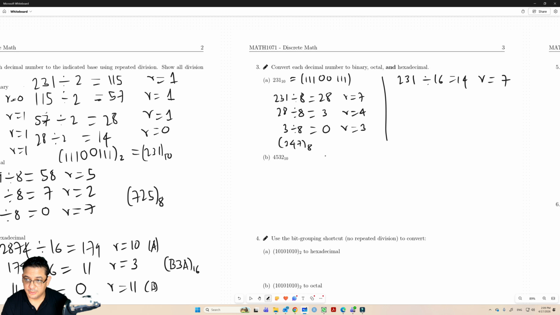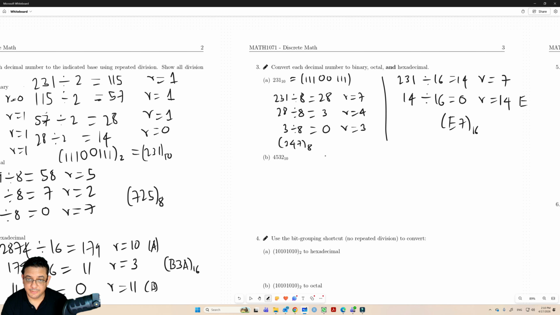Then 14 divided by 16 is going to be 0, and then the remainder is, of course, going to be 14, which in terms of letters is E. So this will be E7 in base 16.